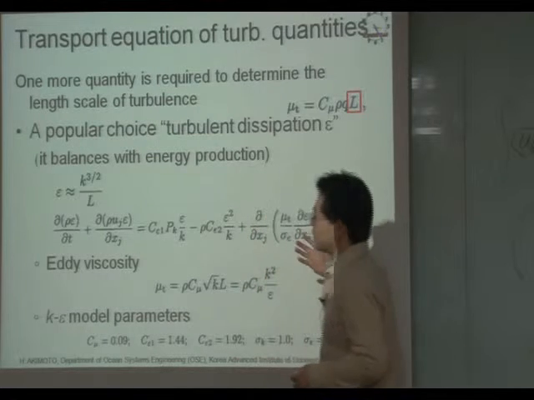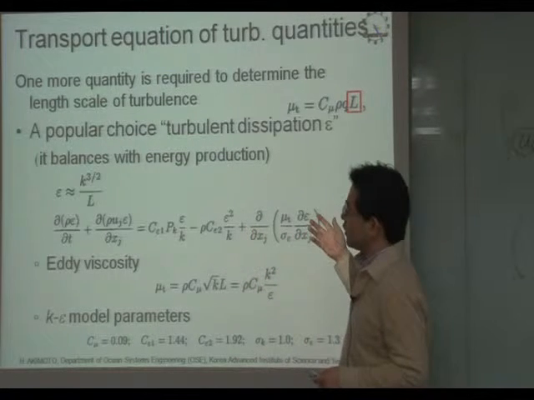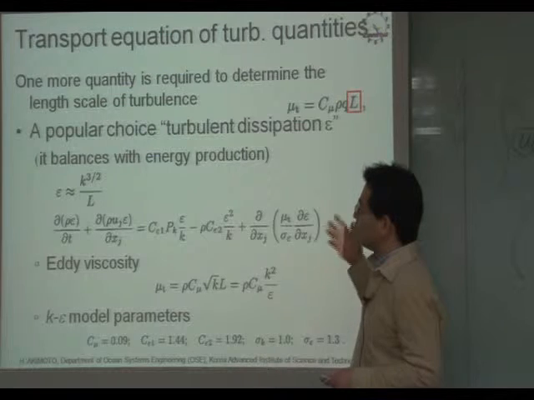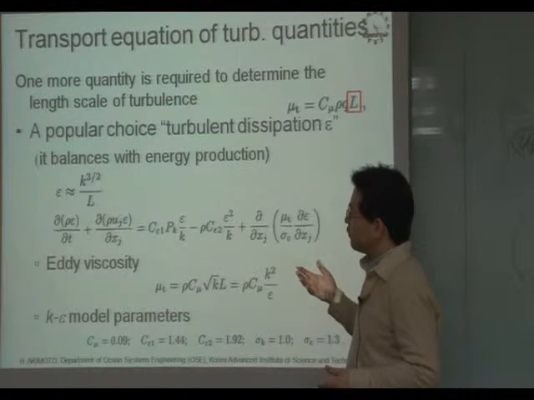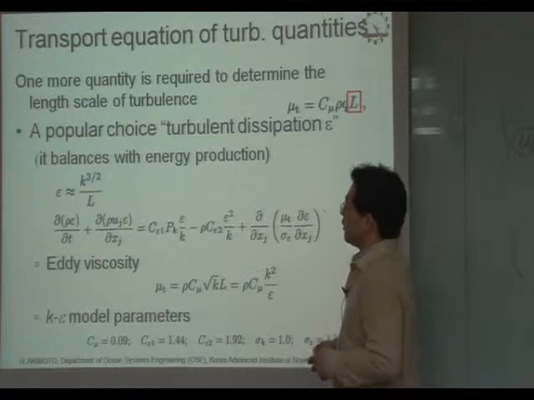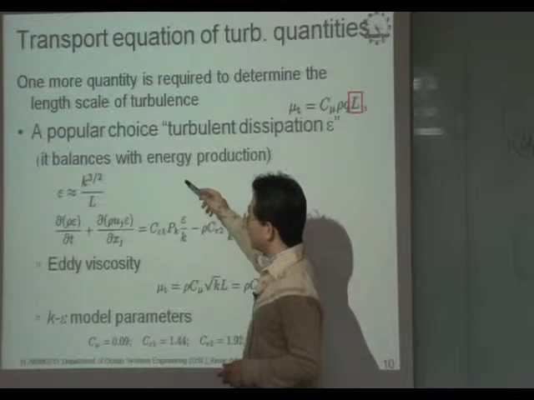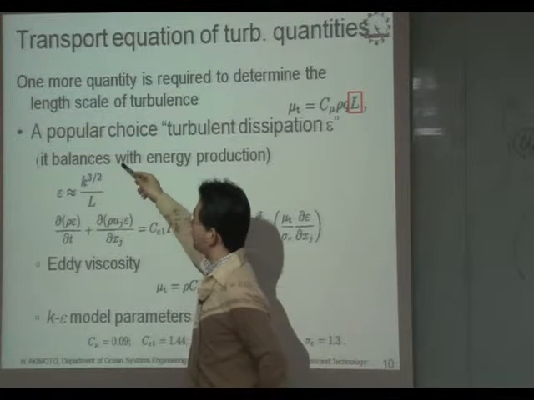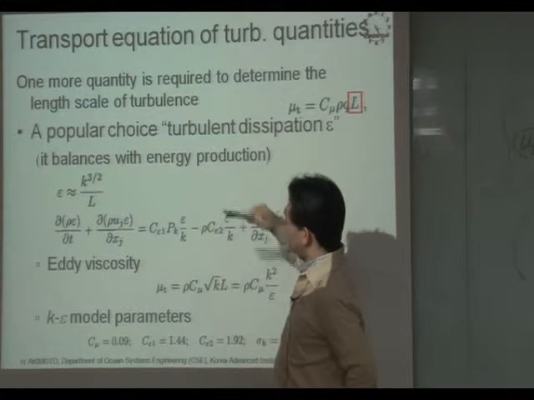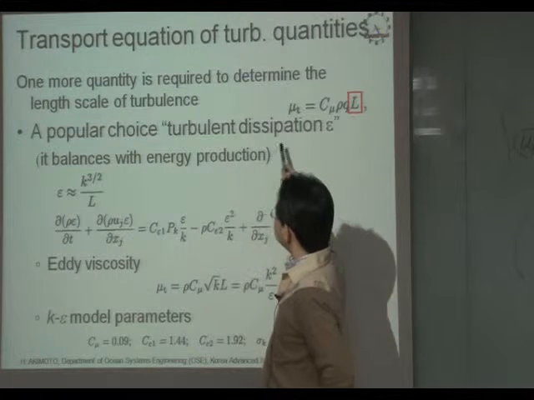As I said, the transport equation of k includes the production, diffusion, and dissipation, and in it the k should be balanced with the energy dissipation.